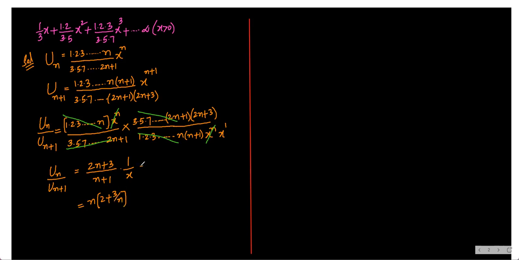We can call this equation number 1 also, it may be needed later. Denominator, once again n common, 1 plus 1 by n, into 1 by x. This n with this n is cancelled.